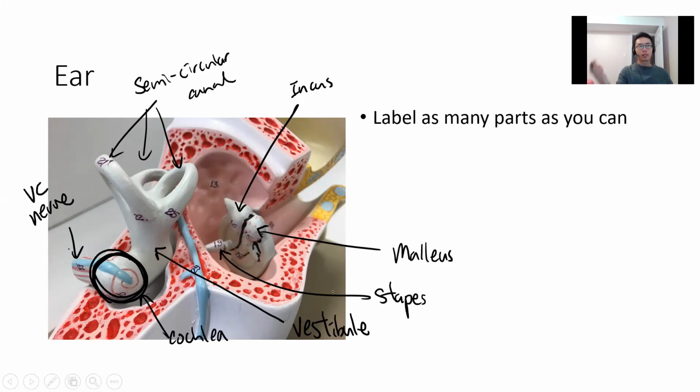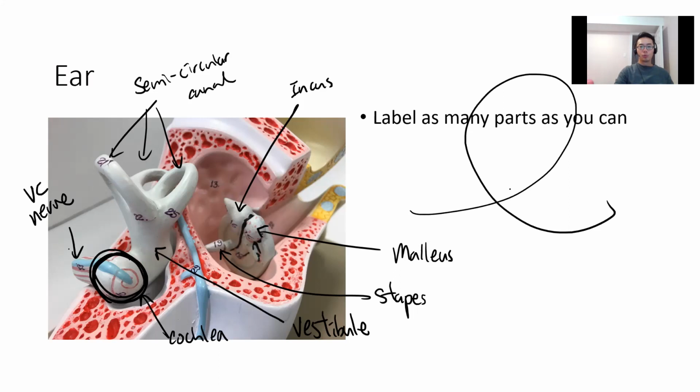If you imagine going on a roller coaster, all that sensation that you feel going down, falling, or turning, loop the loop, all that sensation is picked up by the vestibule as well as the semicircular canal. When you're doing a loop the loop, going up like this, it's the anterior semicircular canal that gets activated the most.